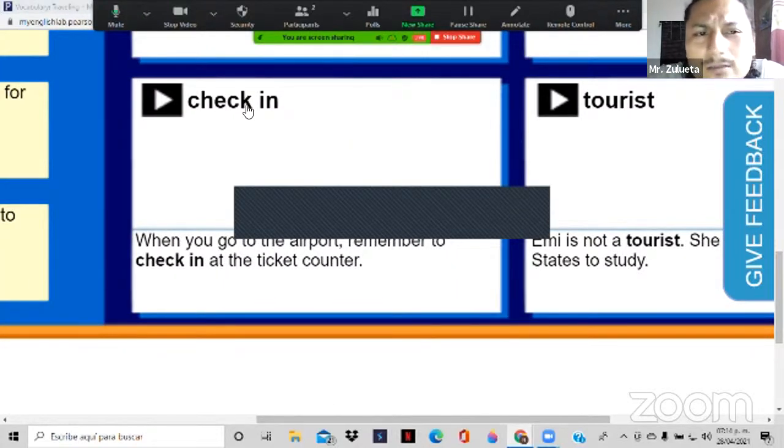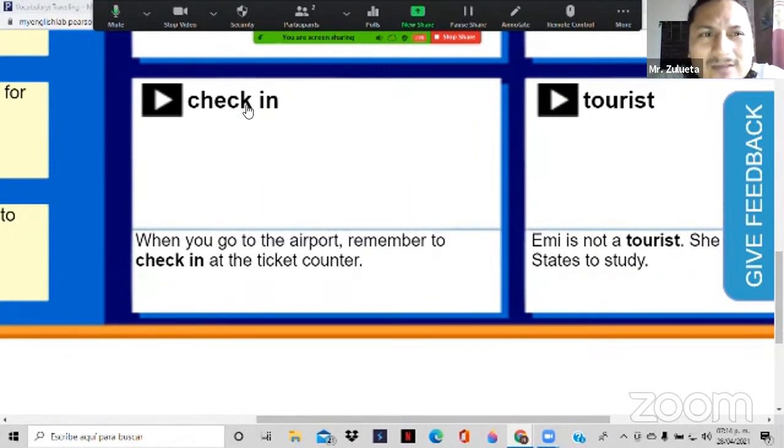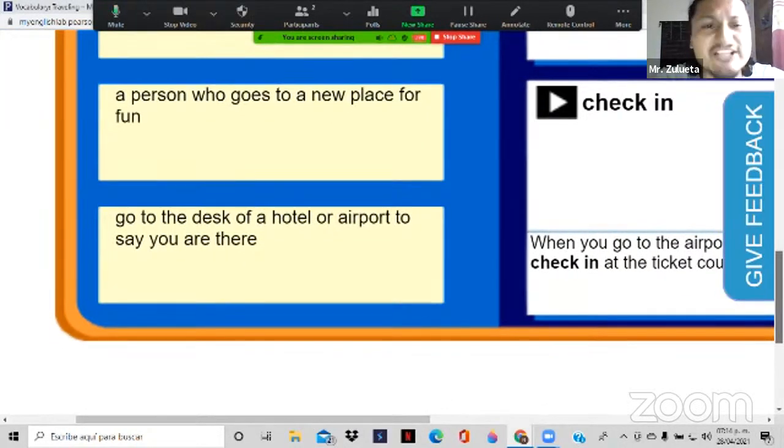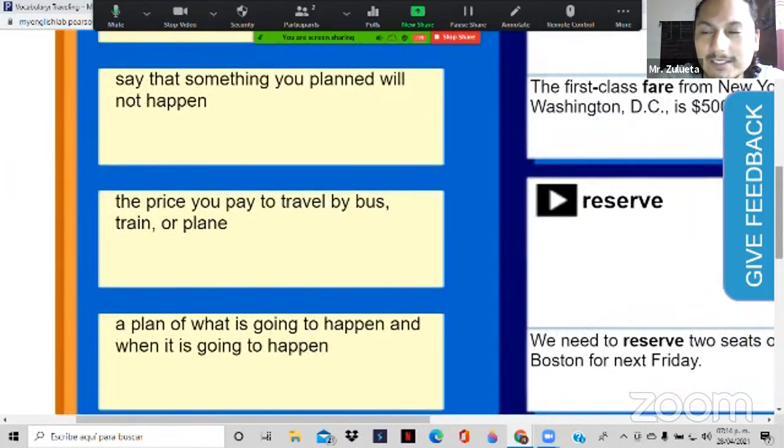Okay, here on check-in, a similar word or a synonym could be, for example, register. Maybe register is somehow the same as check-in. Now, I will read and you will shout out loud.